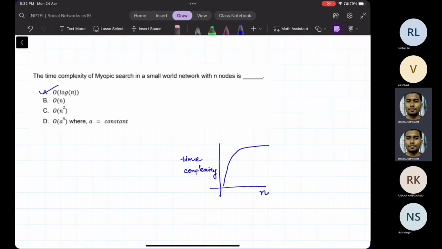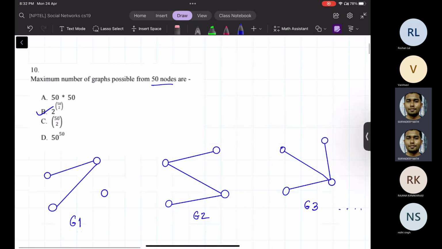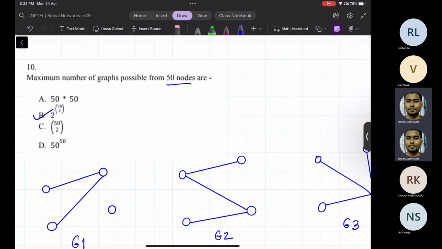so for this possible number of graphs, you go to this first question that I discussed. So if you have 50 nodes, the possible number of graphs would be 2 to the power of 50 C2. So that would be the possible number of graphs, and you put these values in this. I think you'll have to do some computation to check.